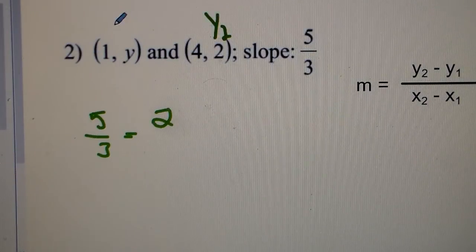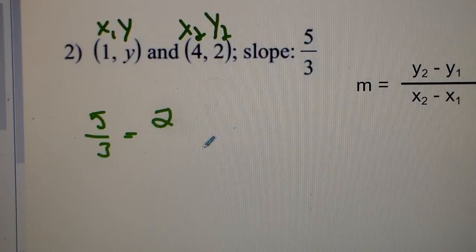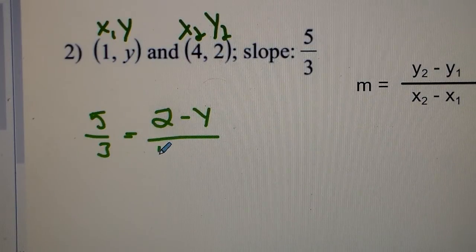So y2, y1, x2, x1. So y2, which is 2, minus the y, over x2, 4, minus x1, 1. Simplify 4 minus 1, you know that's 3.